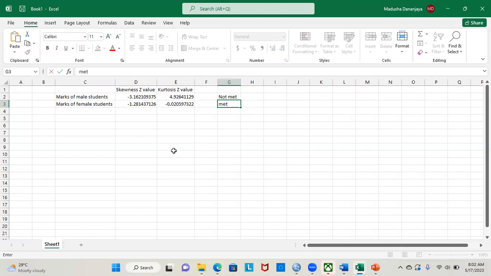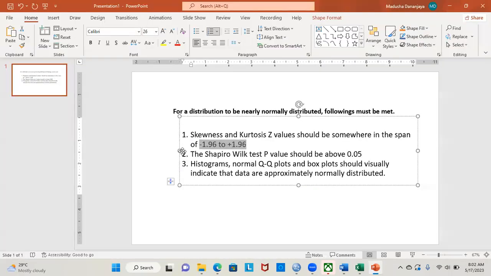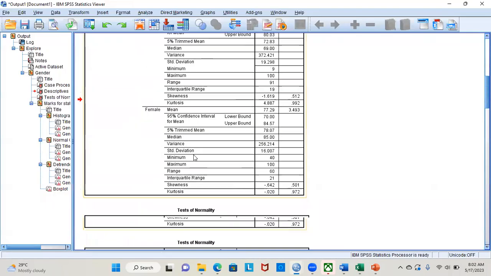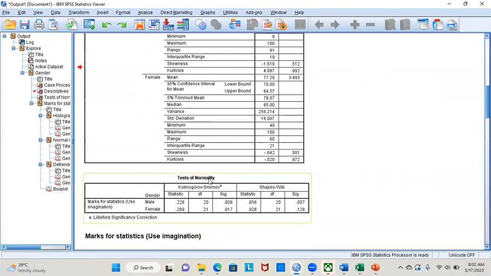Okay. We'll go to the second criterion. The Shapiro-Wilk test p value should be above 0.05. We'll go to the third table, test of normality, and take the second part of the table, Shapiro-Wilk test.